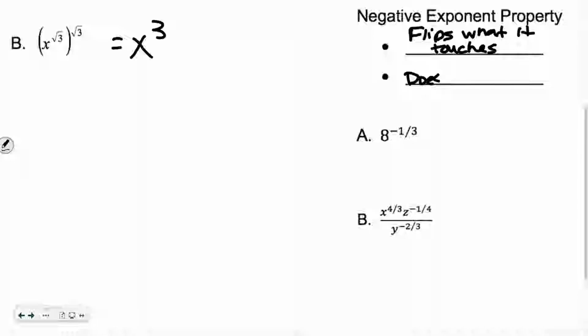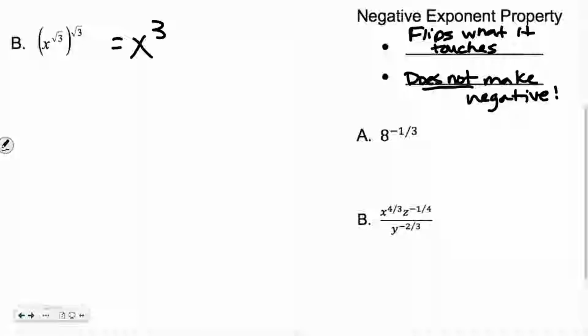Does not make it negative. I like to say flips what it touches. It's not really super precise language here, but it just tells me if it's in the numerator with the negative exponent, it goes to the denominator. If it's in the denominator, then it goes to the numerator. Okay, just flip flops.